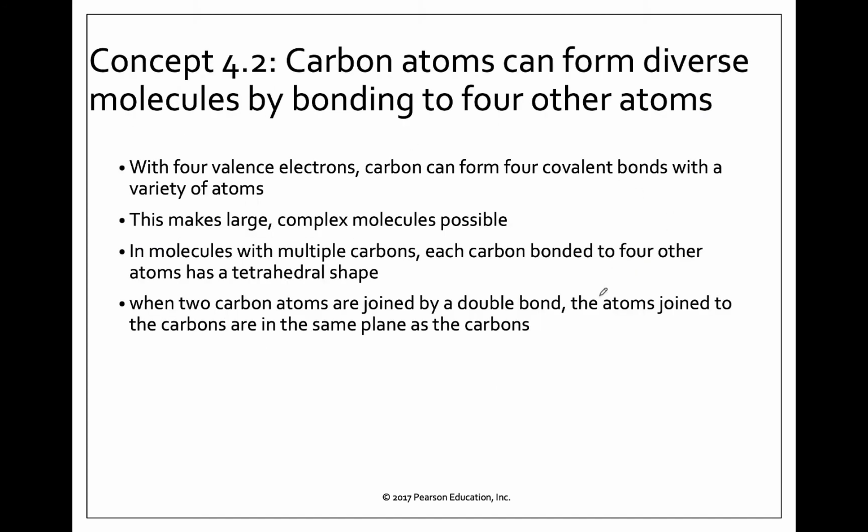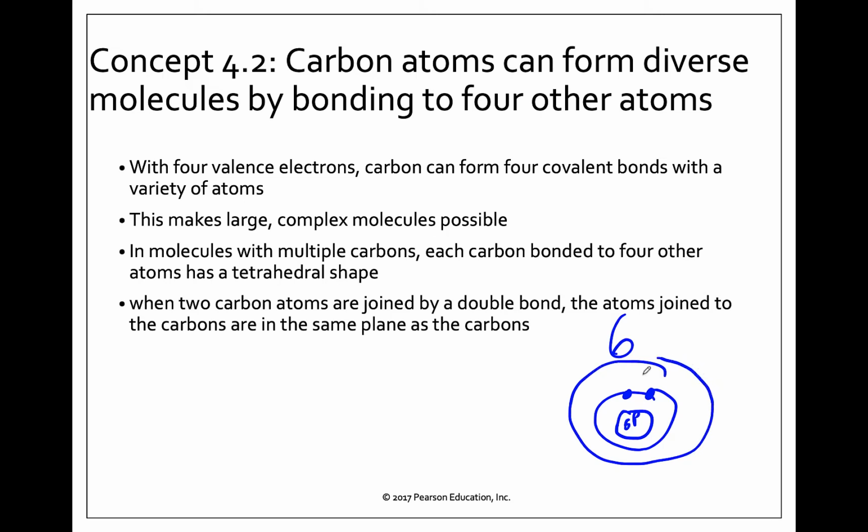Carbon is really awesome. Carbon has an atomic number of 6. So in the nucleus we have 6 protons. That means the first electron shell is going to have 2 electrons. And then the second electron shell has 1, 2, 3, 4. So that leaves 1, 2, 3, 4 spaces for carbon to be able to form a bond.